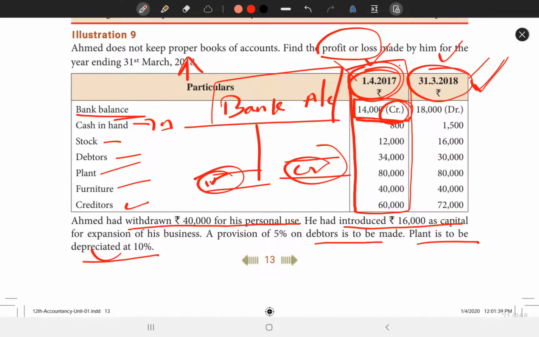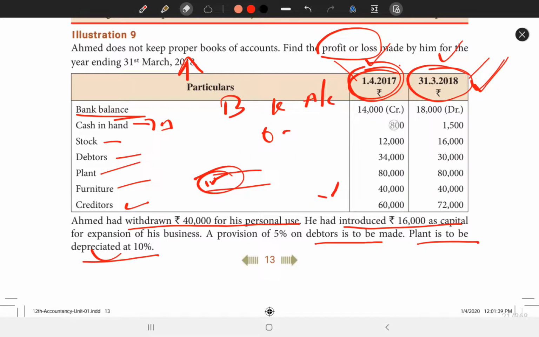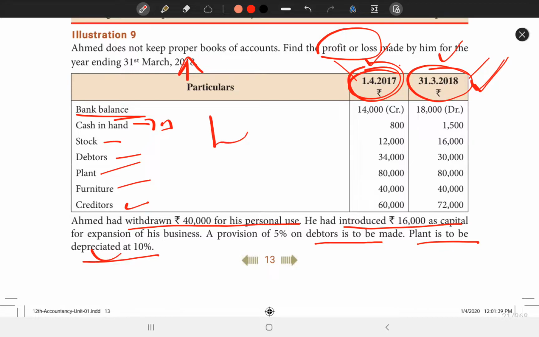When there is a credit balance in the bank account, which is an asset account, it means a decrease, and here we will take it as an overdraft. Okay, overdraft. So the bank account which is given as credit will be known as overdraft, and the overdraft is shown on the liability side.